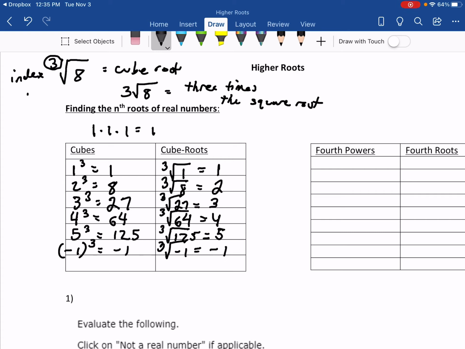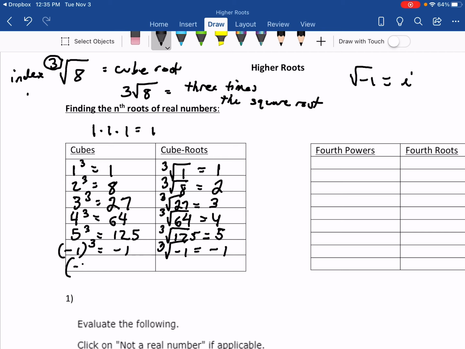Now remember, for square roots, the square root of negative 1 is just i, because there's no real number that I can multiply by itself and get negative 1, because 1 times 1 is 1, and negative 1 times negative 1 is also 1, all right? But with cube roots, you can have the cube root of a negative that is a real number.